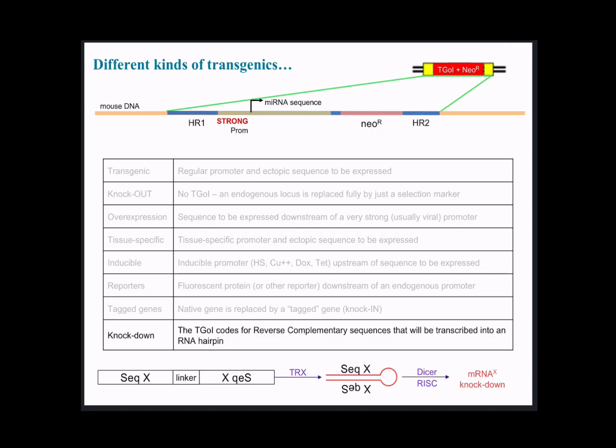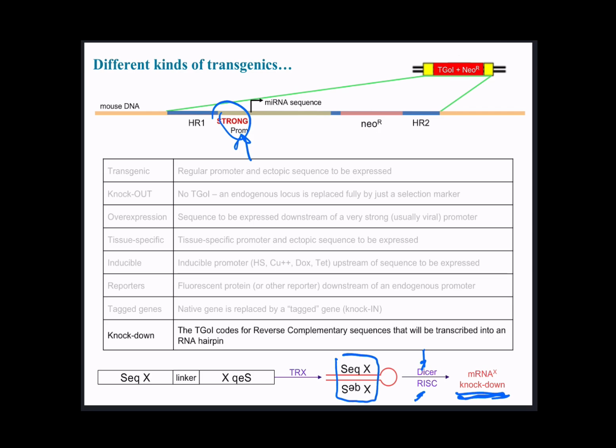What that means is that when this foreign DNA gets transcribed at high levels because of that very strong promoter that you used in these transgenic animals, the RNA will fold on itself and engage in intramolecular base pairing, such that you form one of these famous hairpin structures that will be processed by Dicer and will generate these short RNA sequences that we call microRNAs, that will be loaded onto the RISC complex and lead to the knockdown or the inhibition of a target mRNA.